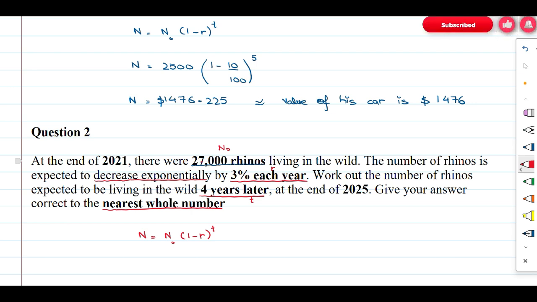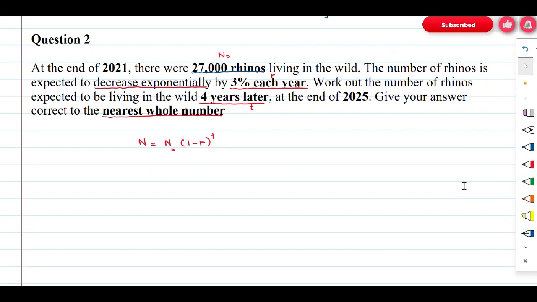We need to figure out the population in 2025, after 4 years. Solve for N when N naught is 27,000, 1 minus r is 3 over 100, and the t value is 4 years.